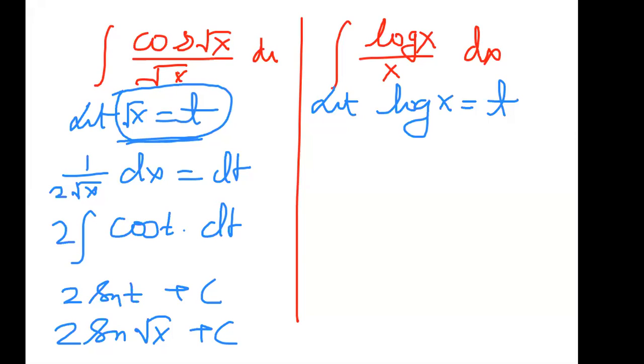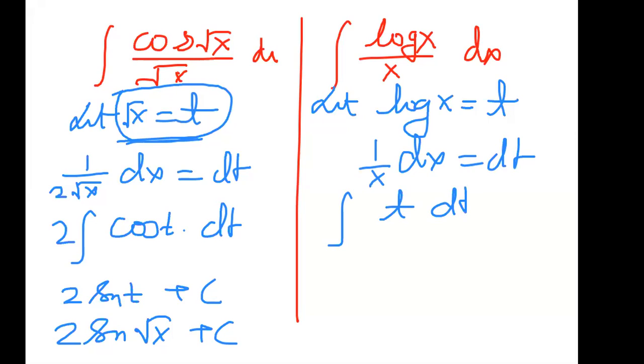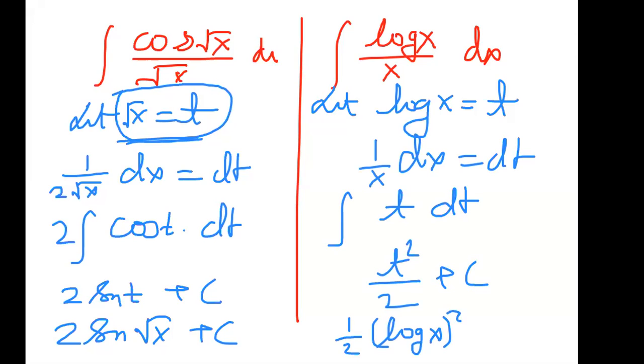Second also I'm doing, but I want you to try, so I'm doing these questions a little slowly. We have supposed log x as t, so 1 upon x dx will be equal to dt. It will be integral t dt, t to power 2 by 2 plus c. t means 1 by 2 log x whole square plus c.